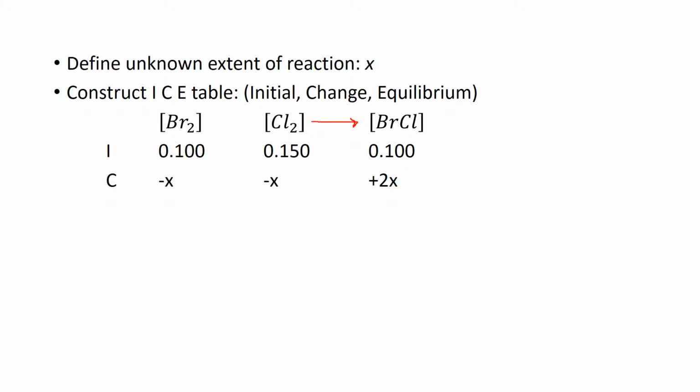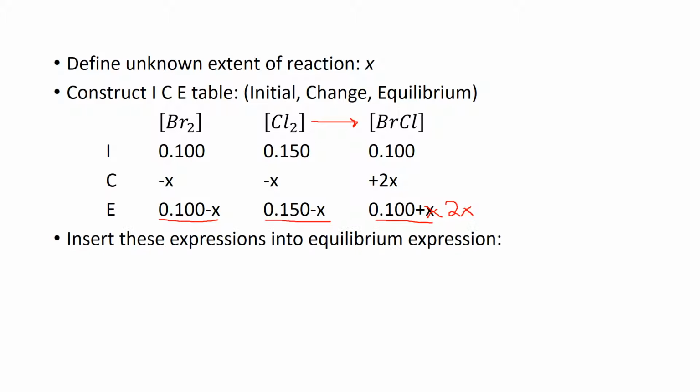Now I simply add the numbers from the initial to the change to get my equilibrium concentrations: 0.1 minus X, 0.15 minus X, 0.1 plus, and this should read, this is a mistake, this should read 2X, 0.1 plus 2X. Okay.